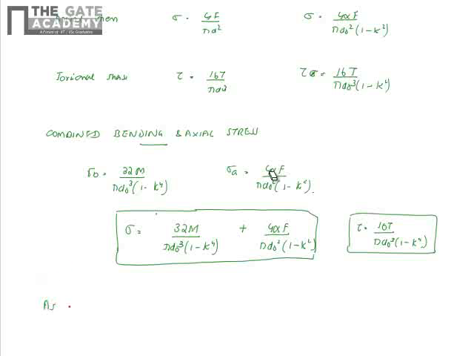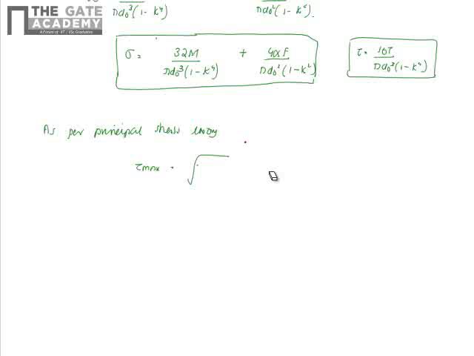So as per principal stress theory, tau max becomes equal to square root of ((sigma x minus sigma y) by 2) whole square plus tau xy square.